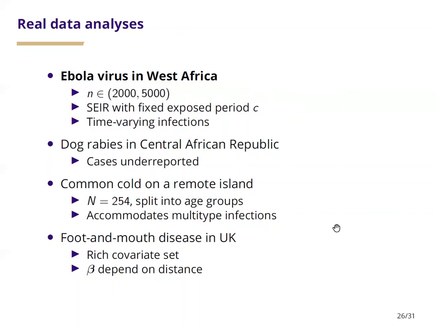And then Stockdale, Kypraios, and O'Neill also studied the foot and mouth disease epidemic in the UK in 2001, where there was a rich set of covariates and the infection rates dependent on a spatial distance. I didn't have access to this data set, but you can refer to their original paper.